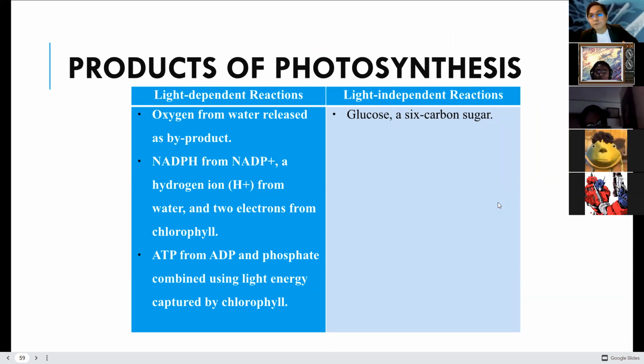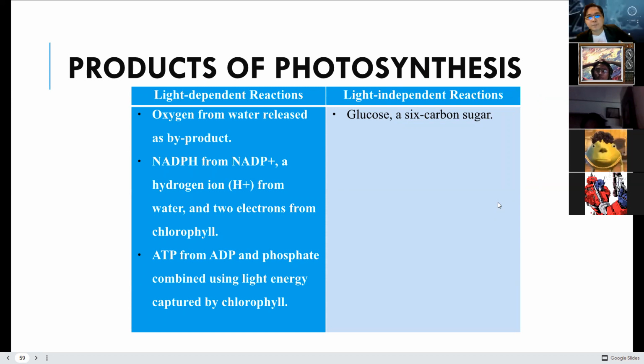It is the product of photolysis, the splitting of water. And the 2 electrons from the chlorophyll, and ATP from ADP and phosphate are combined using the light energy captured by the chlorophyll. We are creating ATP, NADPH, and the byproduct. Take note, oxygen is a byproduct. It should be released. It will not be used in the process.